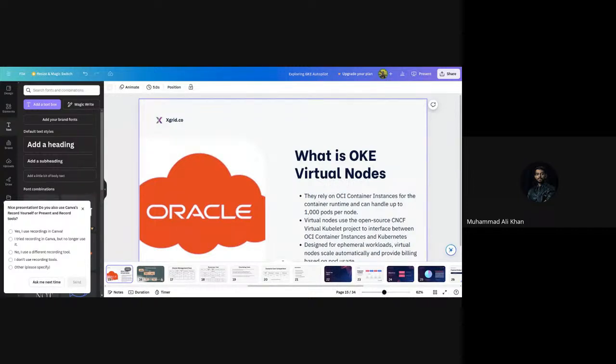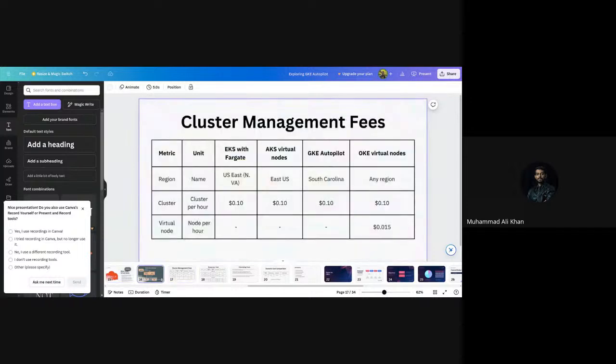So when it comes to managing the costs between your EKS Fargate, EKS virtual nodes, GKE Autopilot, and AKS virtual node (there is an offering by Azure itself that uses the virtual nodes concept to run your Kubernetes pods), if we talk about cluster management fees from all of these offerings, the EKS Fargate, EKS virtual node, GKE Autopilot, and AKS virtual node cost the same.